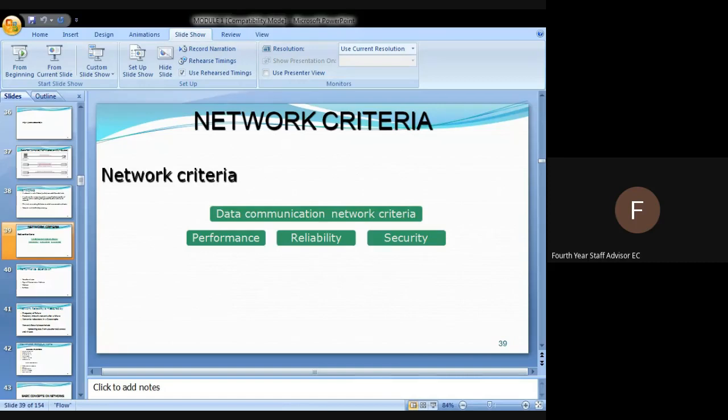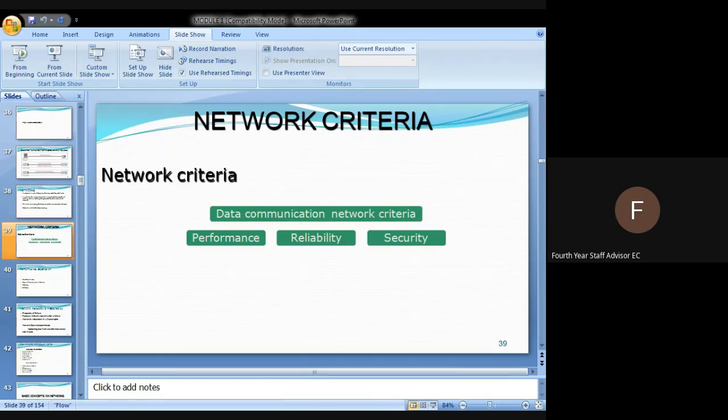Transit time is the total time taken for a message to reach from sender to receiver. But response time is, if I am requesting a service, how much time it takes to respond to that service.